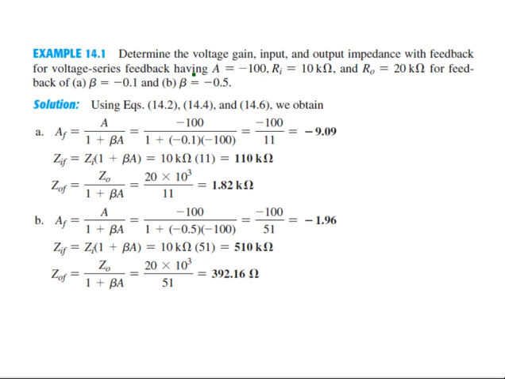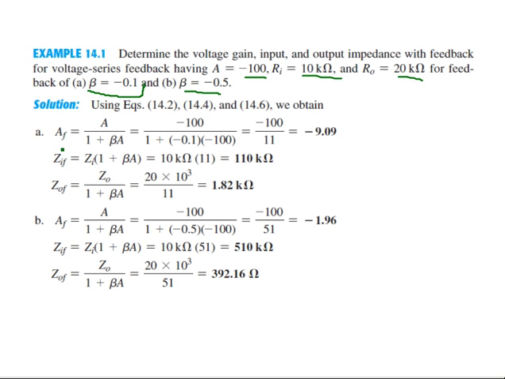Now this is a simple problem where you can determine the voltage gain, input and output impedance with feedback for voltage series feedback having A equal to minus 100, Ri 10 kilo ohm, R0 20 kilo ohm, for a feedback of beta equal to minus 0.1 and beta equal to minus 0.5.